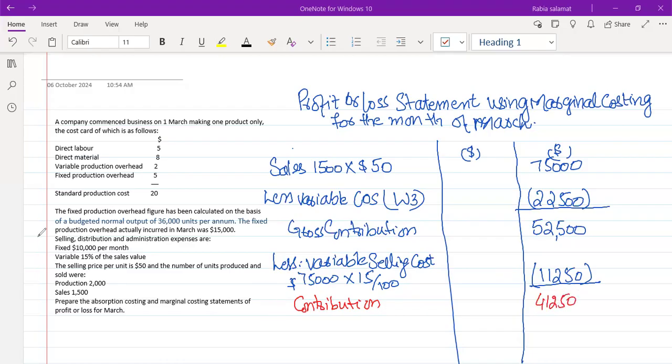Now we will deduct our fixed cost. Our fixed cost is fixed production cost, we have 15,000.